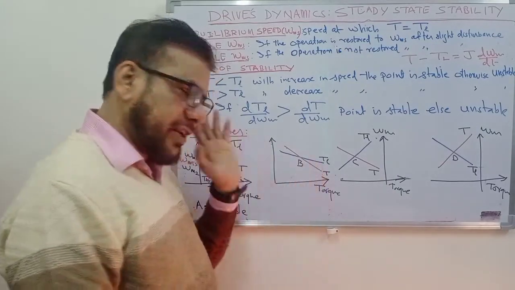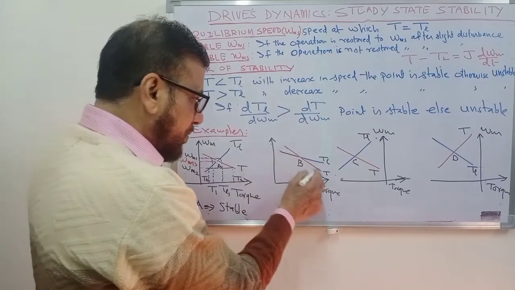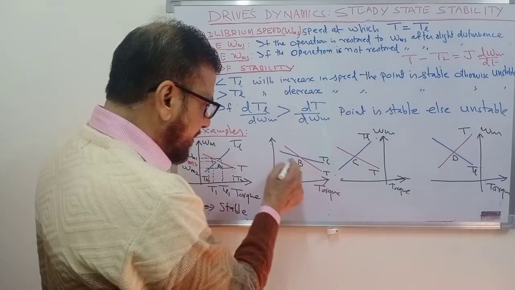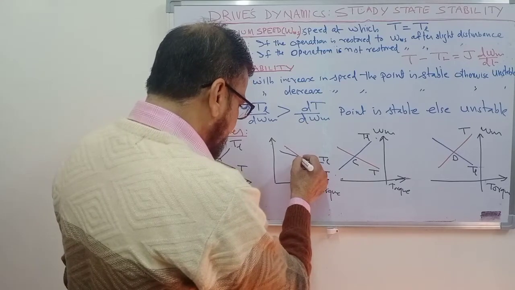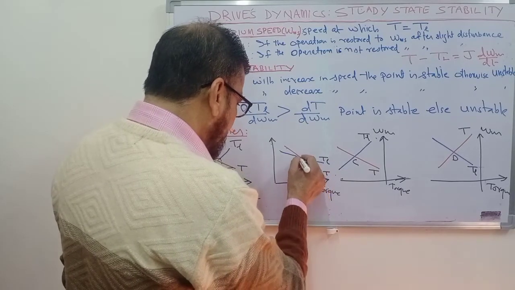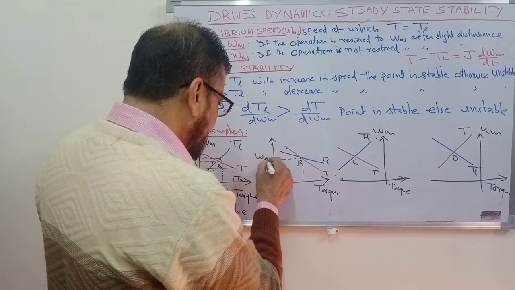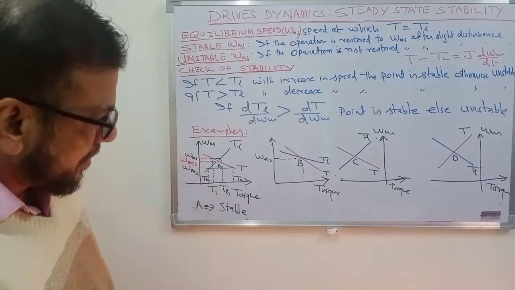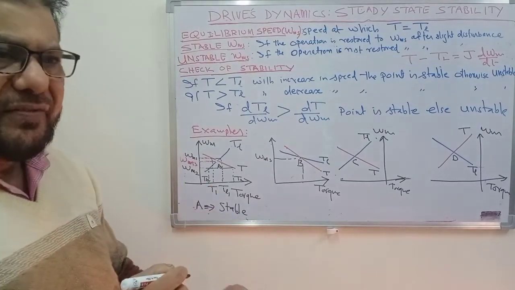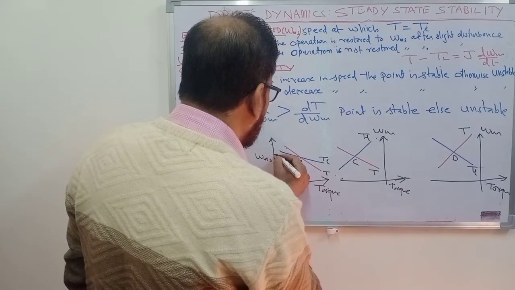Now let us take the second case. In this case, this is the load torque, the motor characteristics, and the load torque characteristics. Now this is the operating point. This is the equilibrium speed. Now to check the stability, you increase or decrease the speed slightly. Let us increase the speed slightly and see what happens.